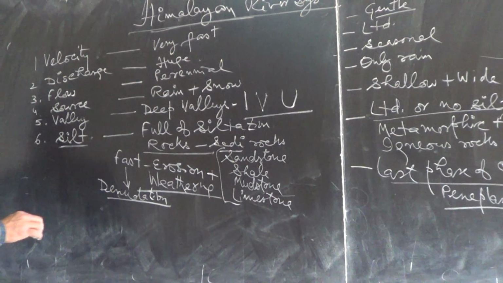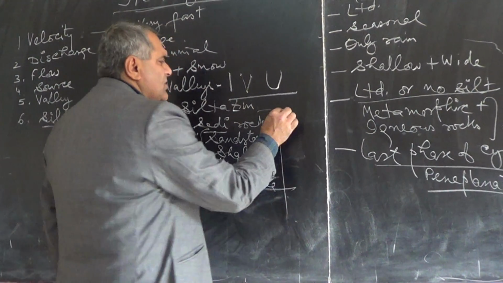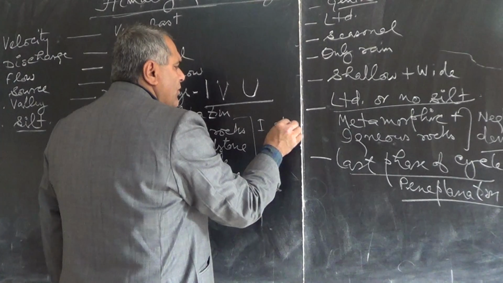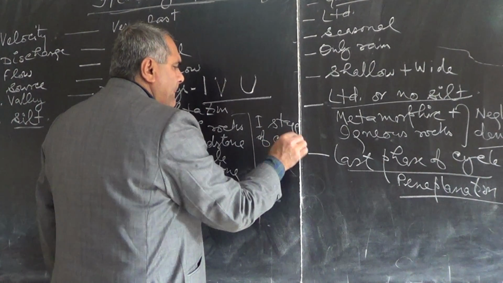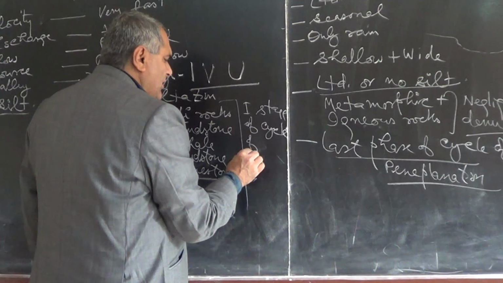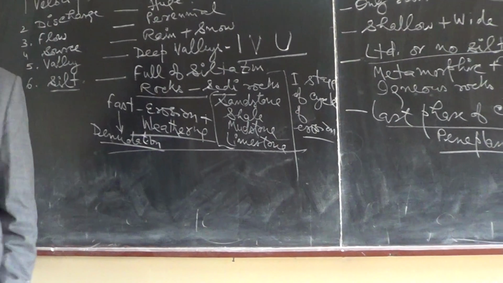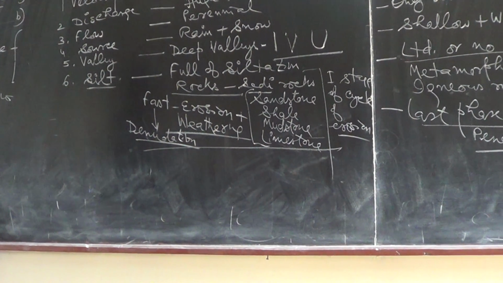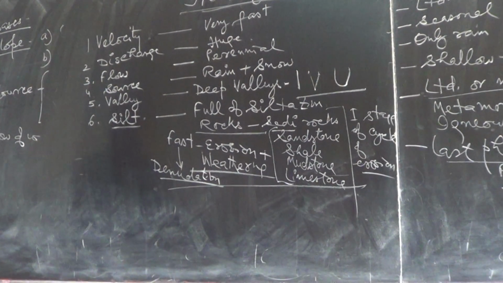But the Himalayan region is in the first stage of the cycle of erosion. I hope you can understand. First phase, upliftment is still going on. Soft rock, loose rocks.